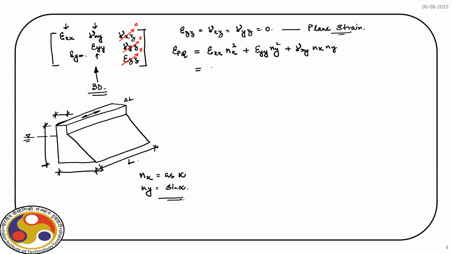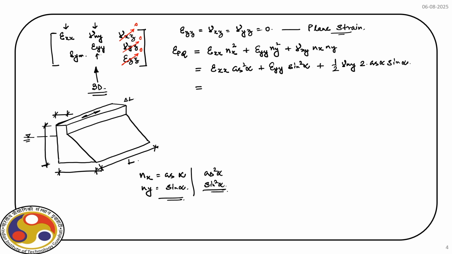So, if we adopt that expression for direction cosines, we have epsilon xx cos square alpha plus epsilon yy sin square alpha plus we can write half gamma xy twice of cos alpha sin alpha. And then if we further use the expressions of cos square alpha and sin square alpha in terms of cos 2 alpha, we can further simplify this expression.